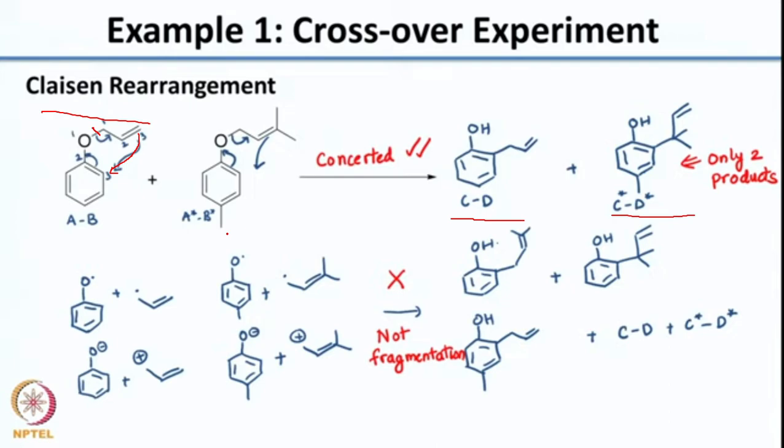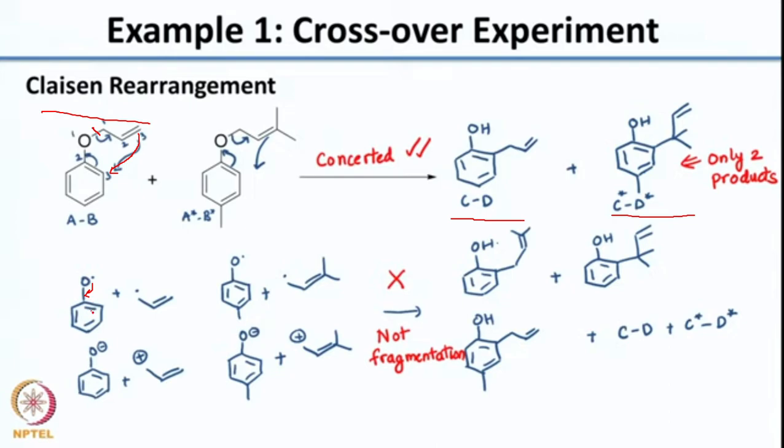Now talking about the other way of mechanism, like if it undergoes a radical mechanism or a cationic or anionic mechanism, then what will we observe? Here we will observe radical formation. We have discussed this earlier also. So radical will form here, and in this case also radical will form here. One of the possibilities for formation of product is that this radical will undergo this, right?